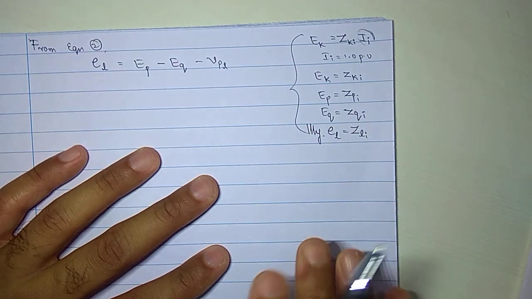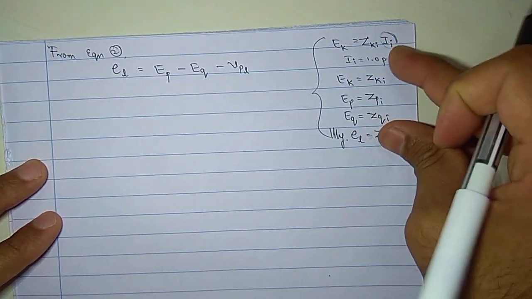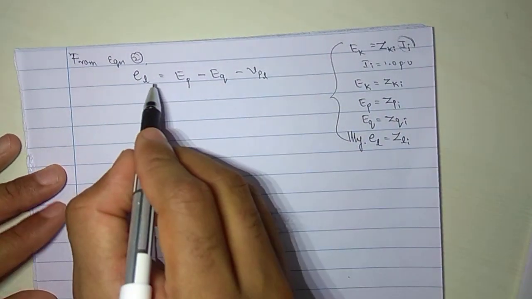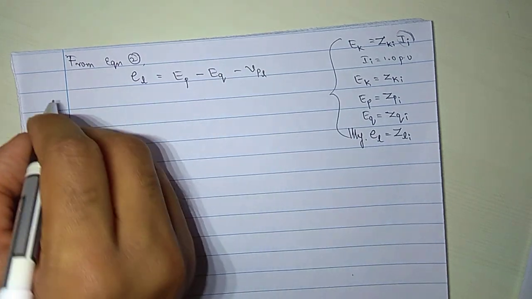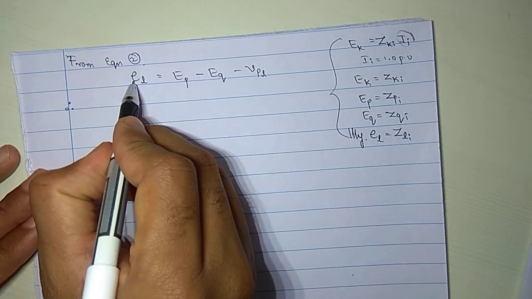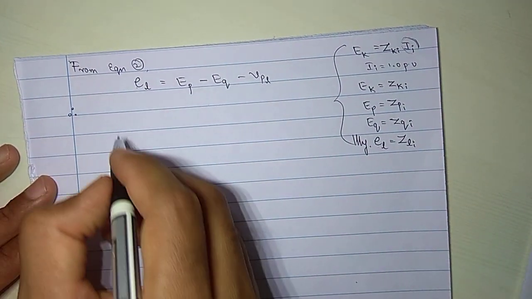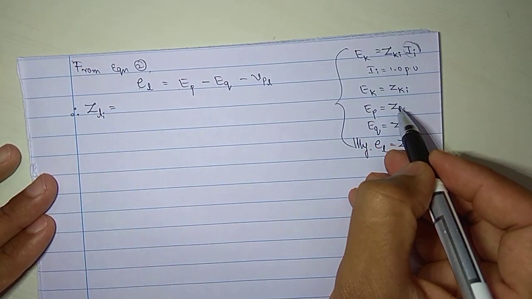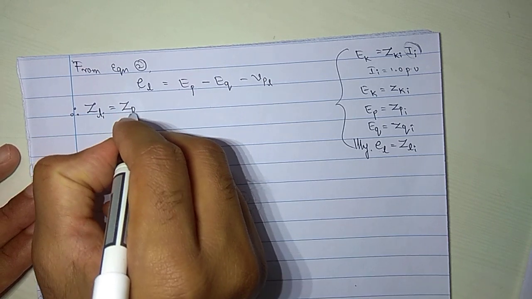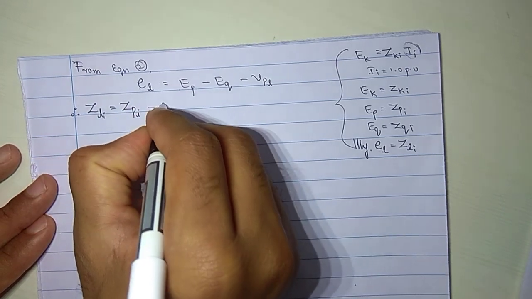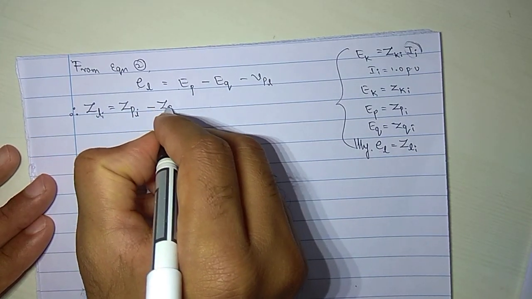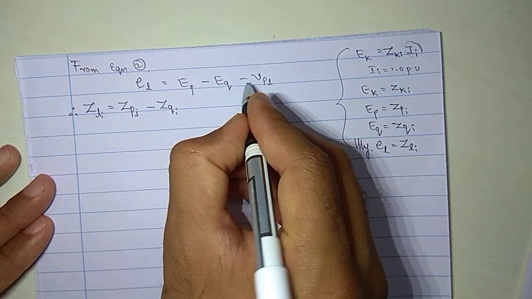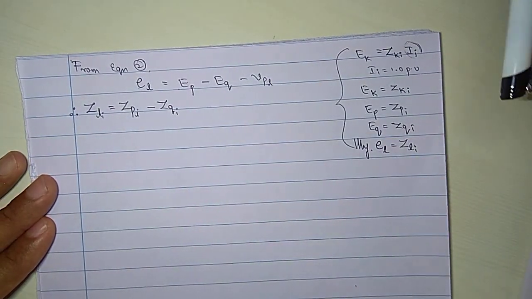Understood? So substituting these in the above expression, EL is replaced by ZLI, EP is replaced by ZPI, minus EQ is replaced by ZQI, and VPL we have already derived here.